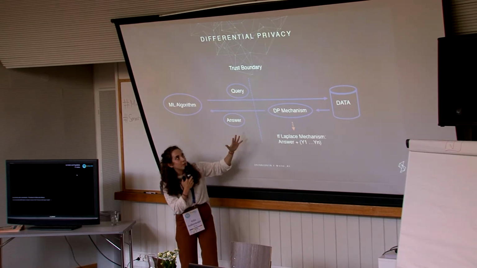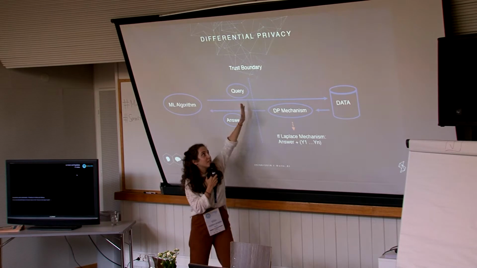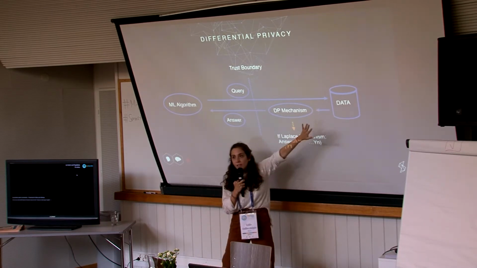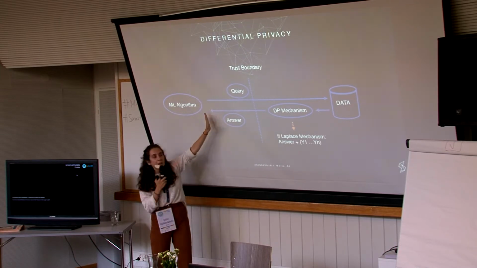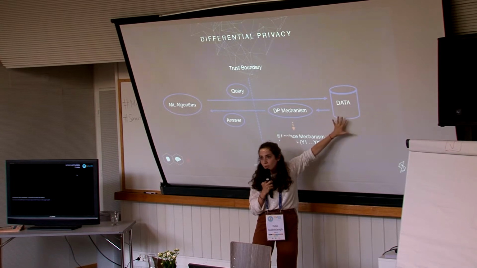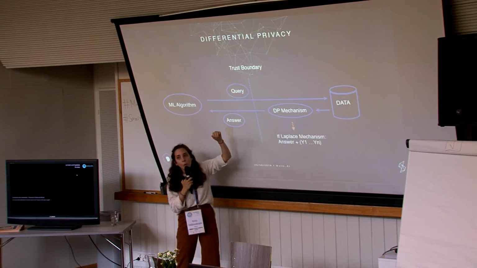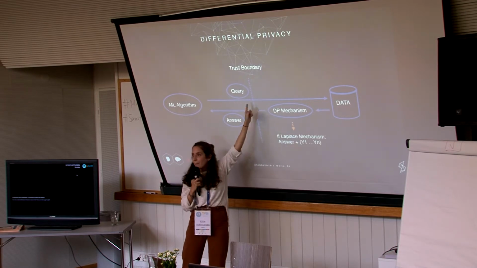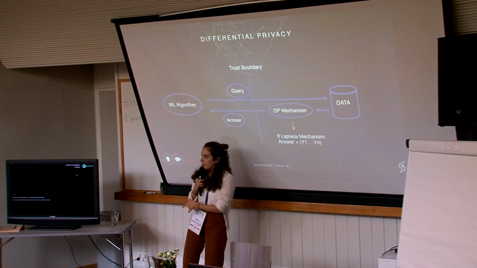So in differential privacy, we think that there is a trust boundary, and here there is no human, and here there is a human. I have my data here where there is no human. A human can only access that data by making some queries, by asking something about the data.